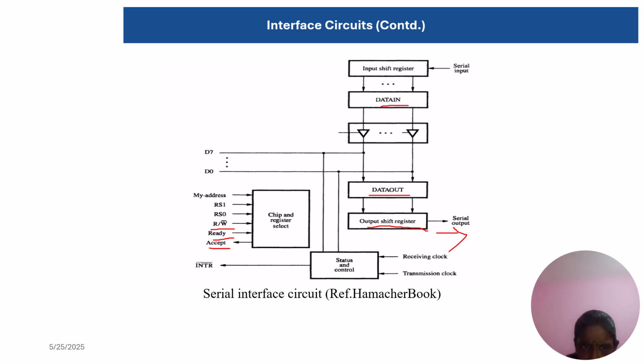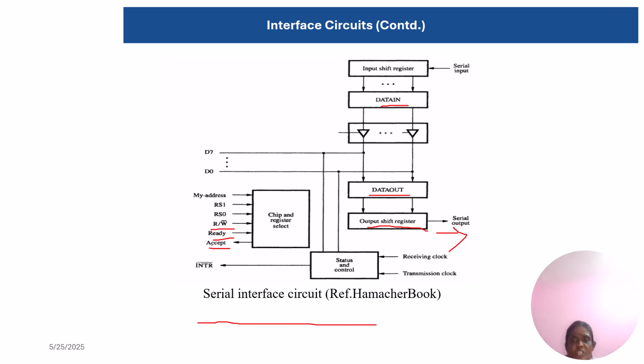The accept signal goes out, the ready signal is given in, and the read/write operation and the chip and register select go in the same direction, to the interface. So this is the serial interface circuit.